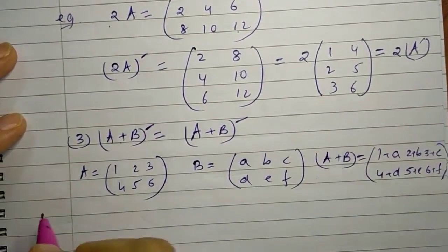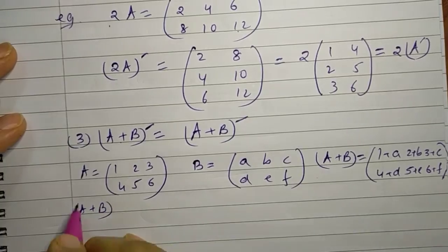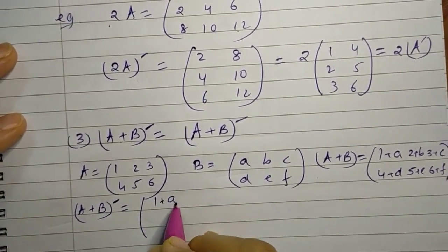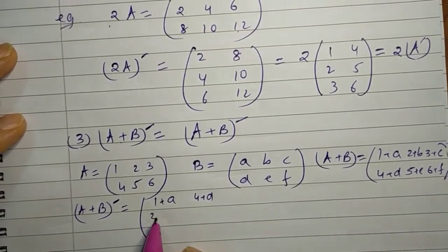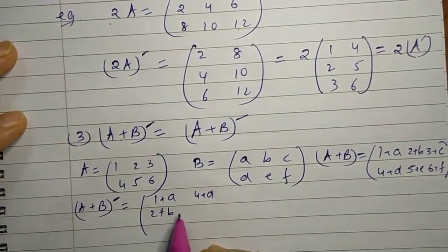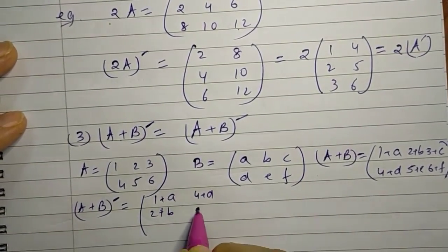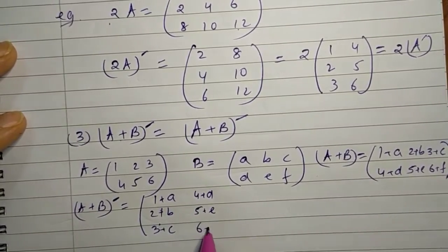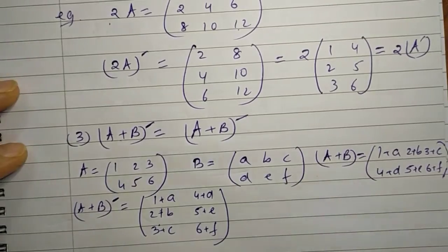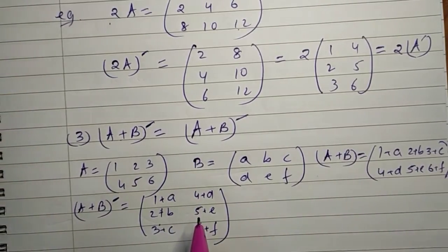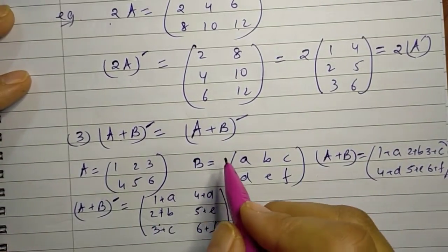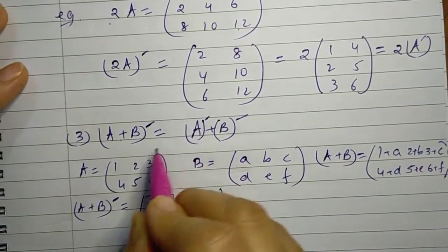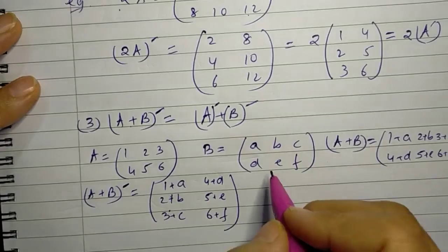This is the matrix, and when we find the transpose, we get 1 plus a, 4 plus d, 2 plus b, then 5 plus e, and 3 plus c, and 6 plus f, which is the same answer as when obtained by finding the transpose separately and then adding. So what do we get?